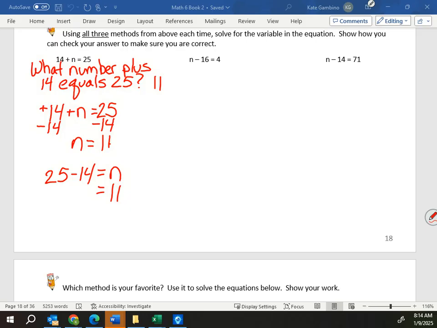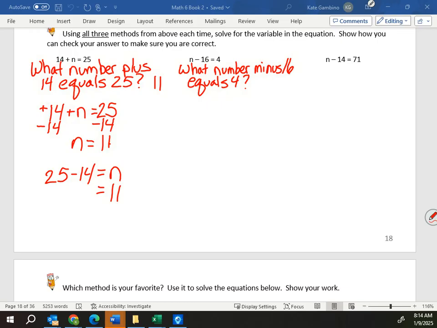n minus 16 equals 4. What is our logic question? What do you think, Neil? Yeah, what number minus 16 equals 4?